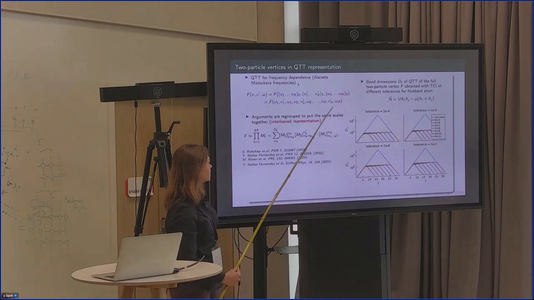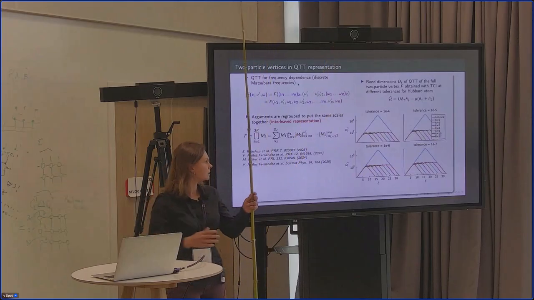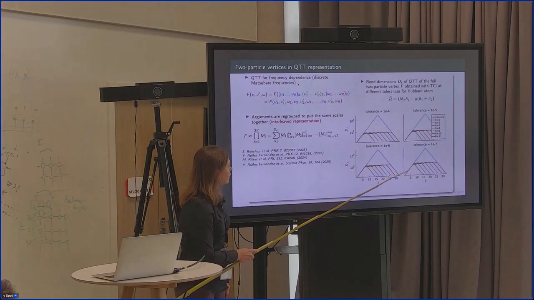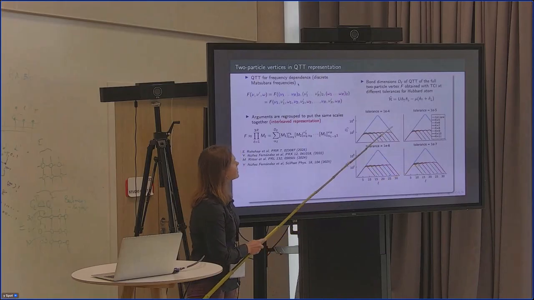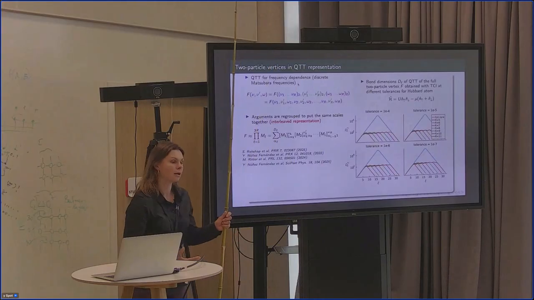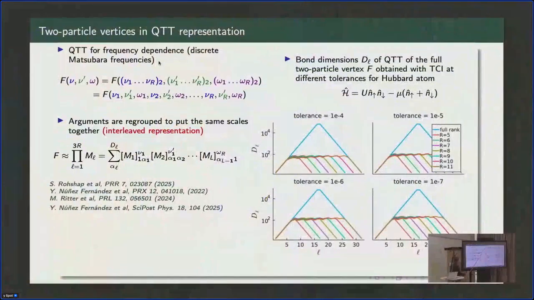These are discrete frequencies, so R is just representing the range of frequencies, not the resolution, but the range. And if I now push the tolerance, you can hardly see that there's a difference, right? So the bond dimension does grow, but not that largely. It is probably partially because these vertices are only for an atom, so they have very sharp structures that are very localized.